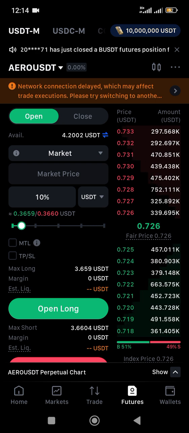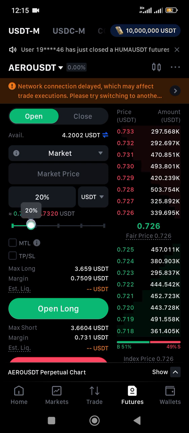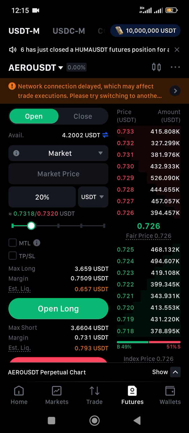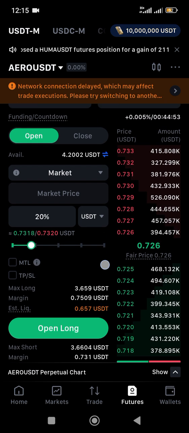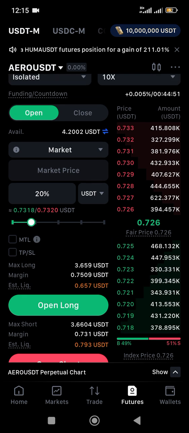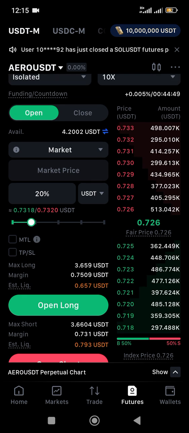If I'm using 20%, 20% is 0.7318. All right, so that is how to set it up.